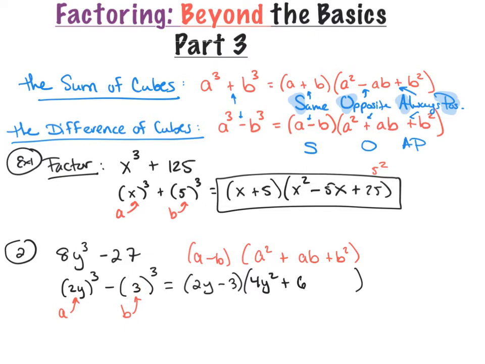That would be a 6y. And then finally, 3 squared would give us a 9. So this is 2y times 3, and this is 3 squared. And this was 2y all squared. So there we have our answer, 2y minus 3 times 4y squared plus 6y plus 9.